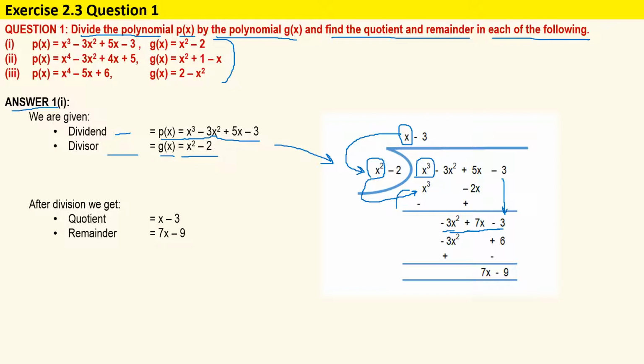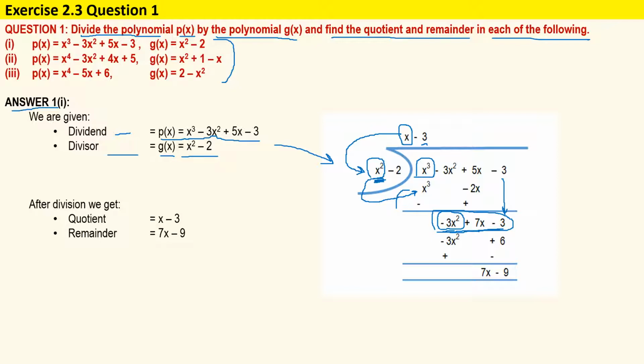Then we try to find out the next term of the quotient, and in this case we first look at the highest degree term in the leftover polynomial, which is now −3x². We then divide it by the highest degree term of the divisor, which is x².